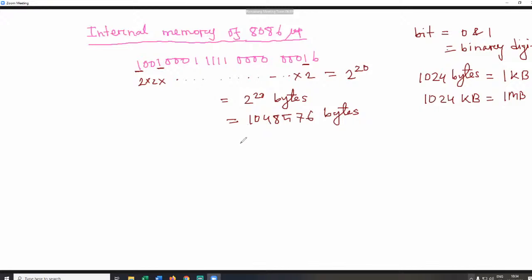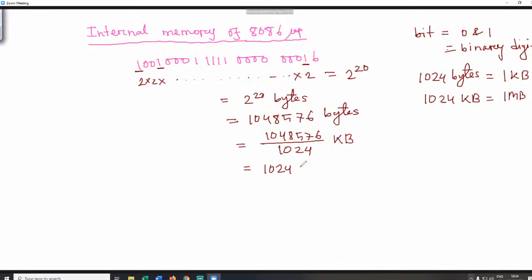So if you divide this 1048576 by 1024, how much kilobyte do you get here? 1024, right?